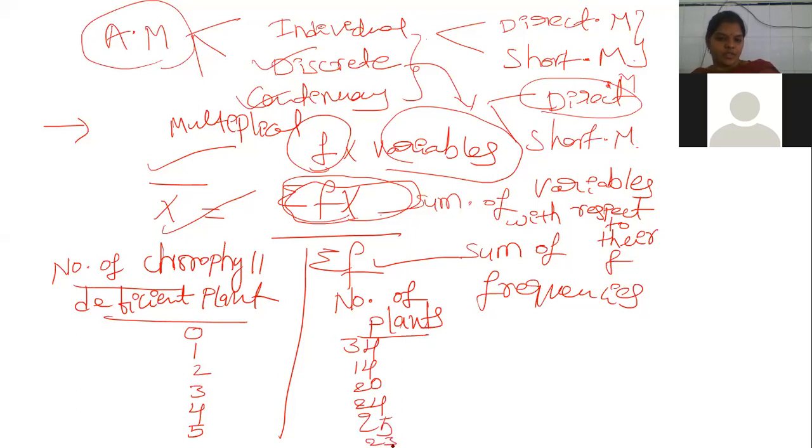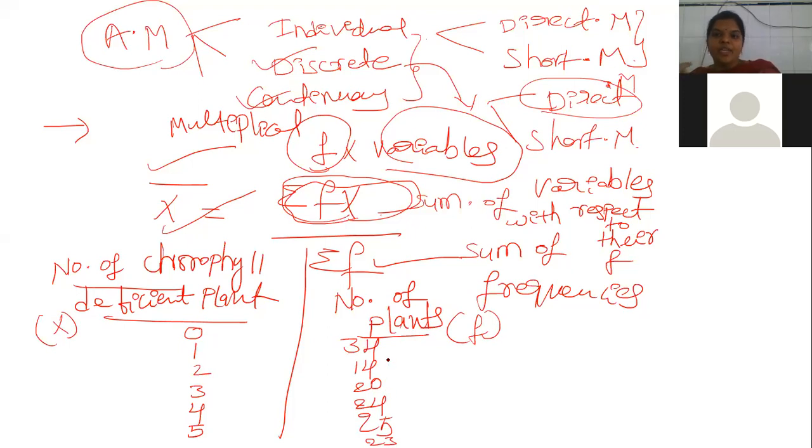The last one is 23. These are the variables and these are the respective frequencies. This is 0 with frequency 34. So make a neat tabular column.